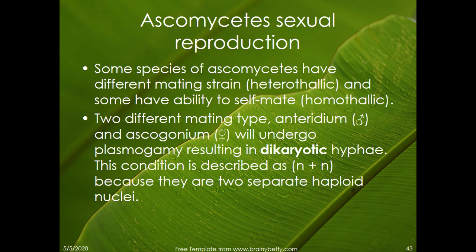For sexual, they will have different mating strengths, and they have the ability to self-mate, and then just like a normal one, they will mate between two mating types, antheridium and also ascogonium, and they will undergo the plasmogamy process.